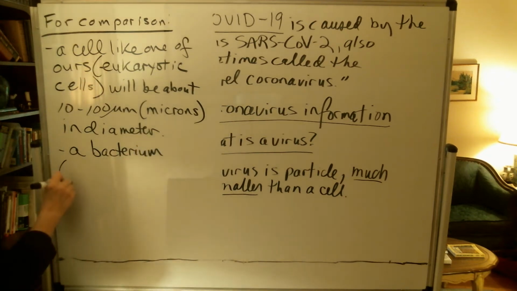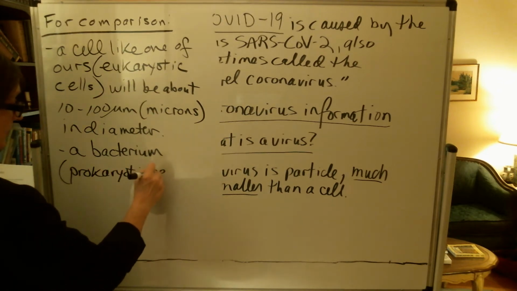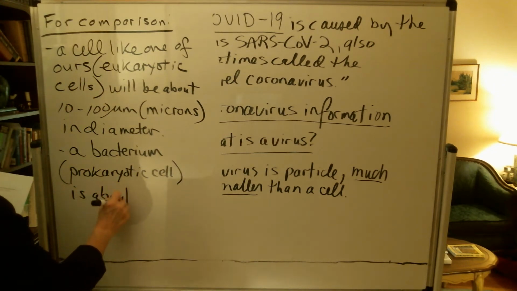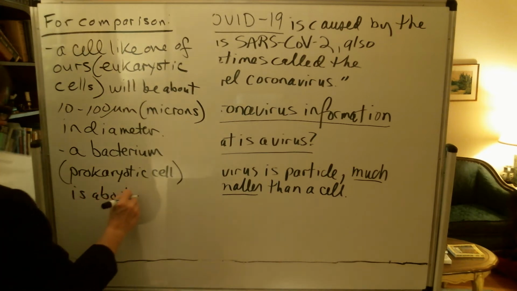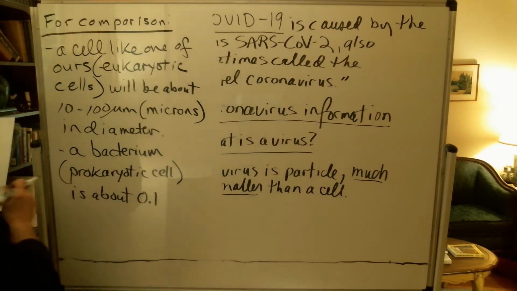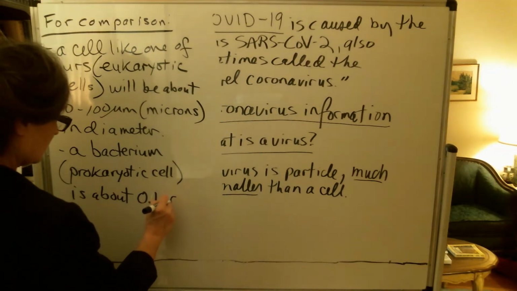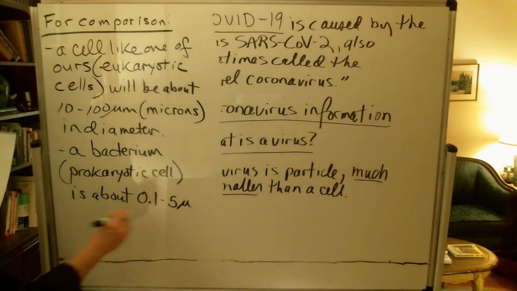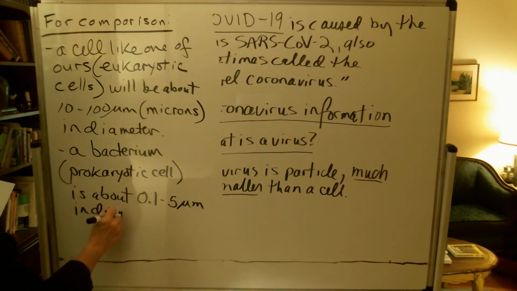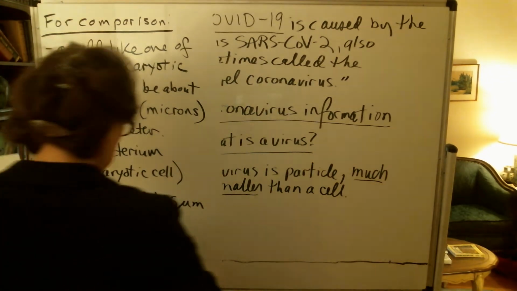A bacterium, which is a prokaryotic cell, is, and these of course can vary widely, but I'm just giving you some approximate numbers here, approximately from 0.1 to 5 microns in diameter.